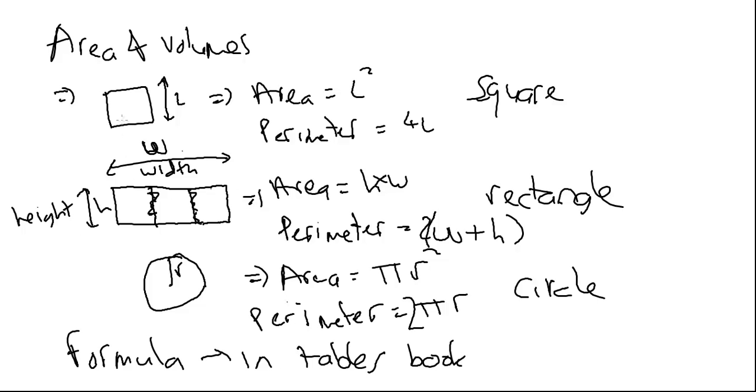So the ones I just mentioned here are all two-dimensional. You also have the equivalent in 3D. So instead of a square, you have a box, and that would be L cubed.